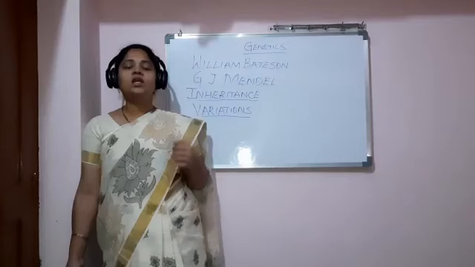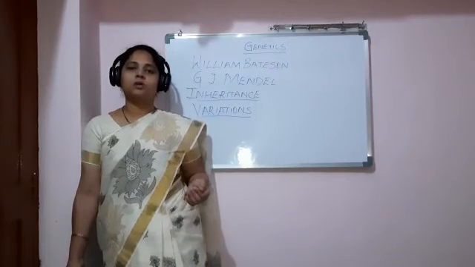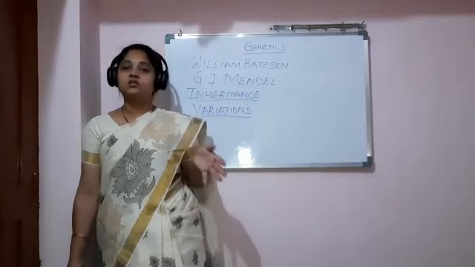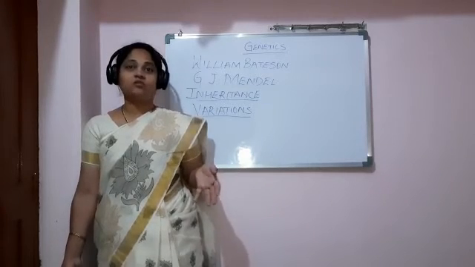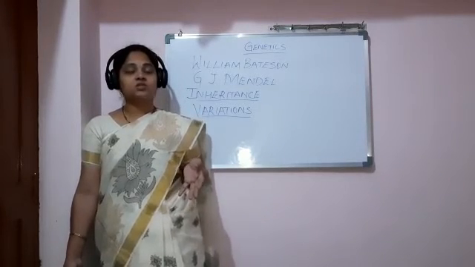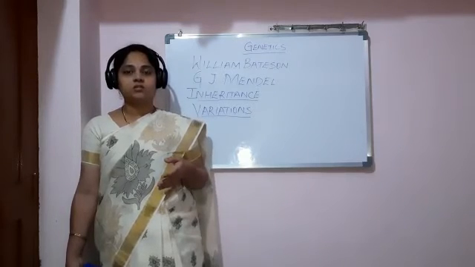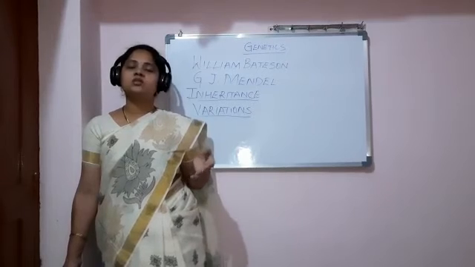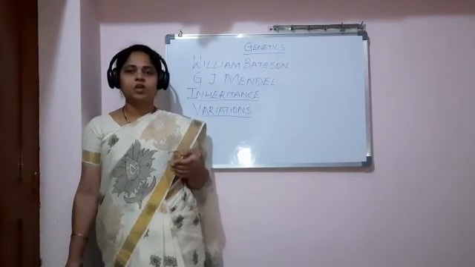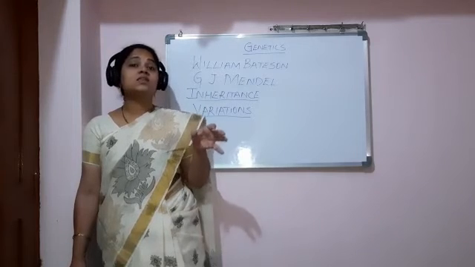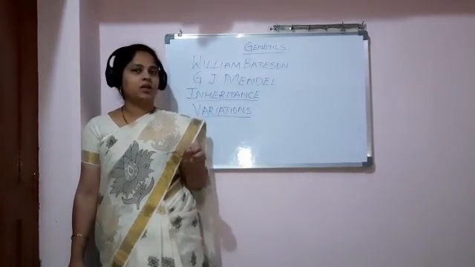But while he was doing his experiments on the pea plants, I'm sorry, I shouldn't say experiments, because at the time he didn't know that he was doing very great experiments which would give universal laws in the field of genetics. He kept concentrating on only 7 characteristic features within the pea plants.